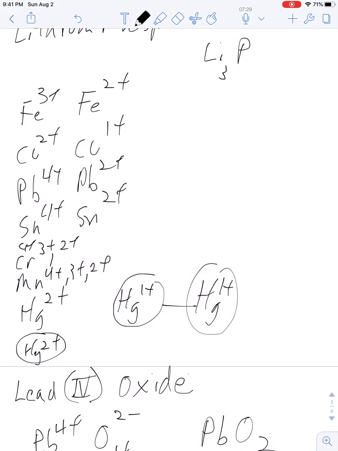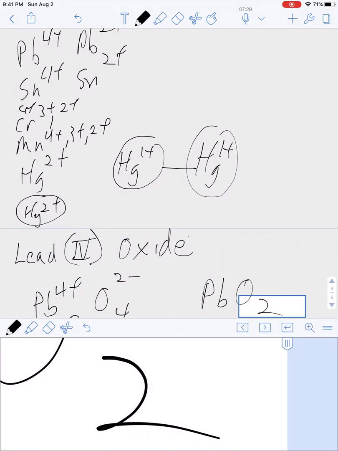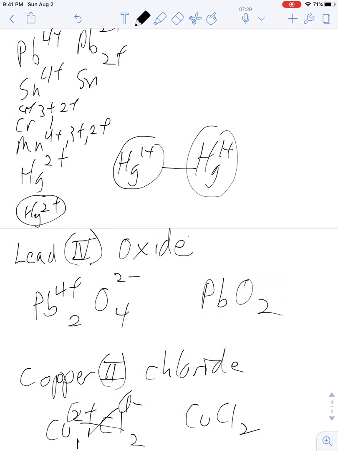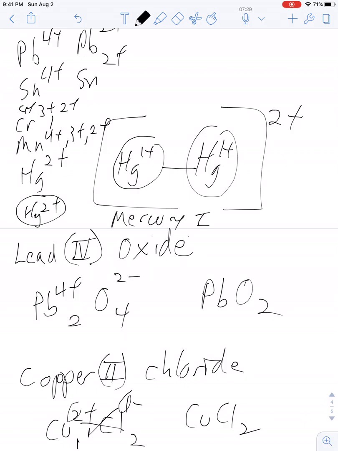So what is the total charge then for that whole thing? The total charge is +2, and that's why mercury is confusing, because mercury 1 has a total charge of +2. Okay? So that's the confusing part.